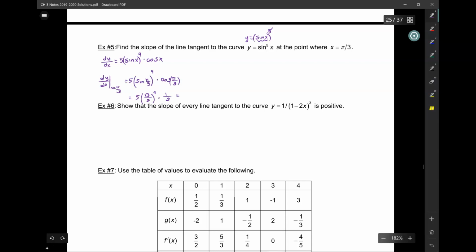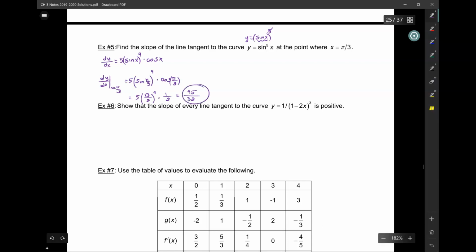So in the numerator, I have 5 times root 3 to the 4. Root 3 squared is 3, so root 3 to the 4 is 9. So 5 times 9 is 45, over 2 to the 4 is 16, times 2 is 32.